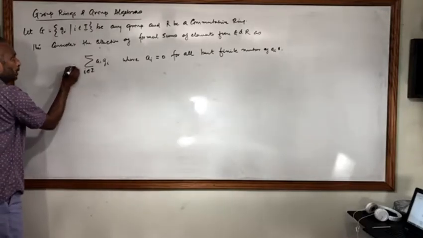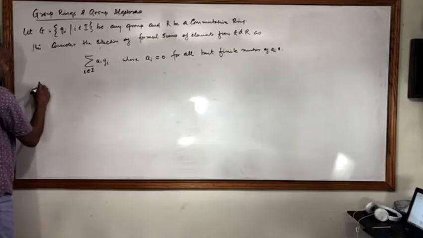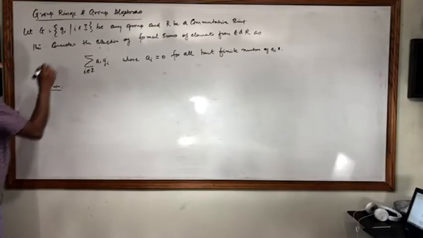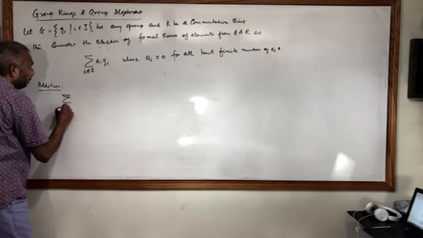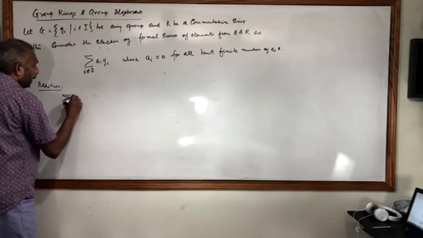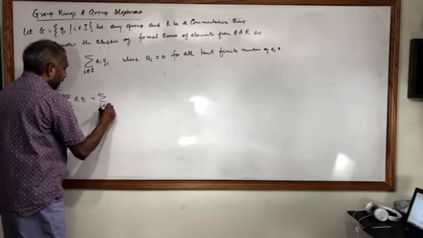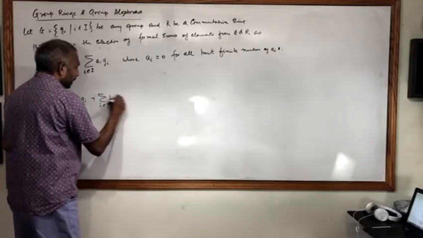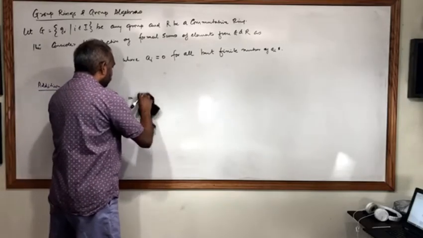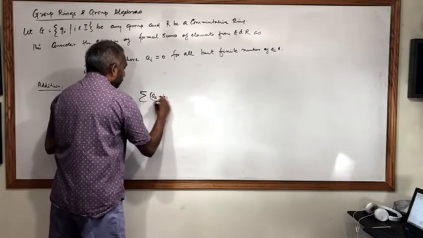Now we need to define two binary operations, addition and multiplication. Addition is, we'll take two elements, sigma i belongs to I, Ai Gi plus sigma i belongs to I, Bi Gi, equal to sigma (Ai plus Bi) Gi.